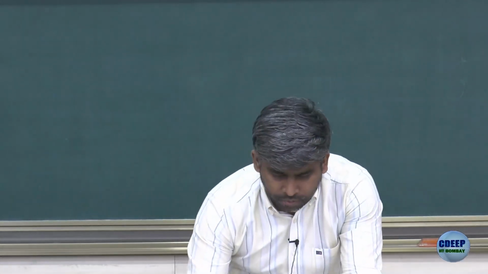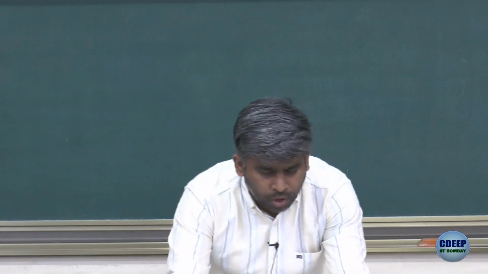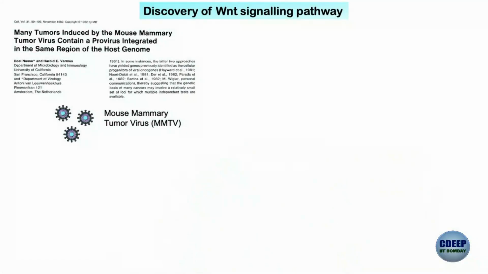What they were trying to do, they took these mouse mammary tumor viruses. These are retroviruses. Do you guys understand what is the difference between retrovirus and lentiviruses and other types of viruses, right? So, what they did, they took these viruses, and these are mouse mammary tumor virus.